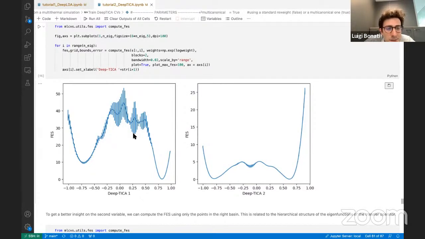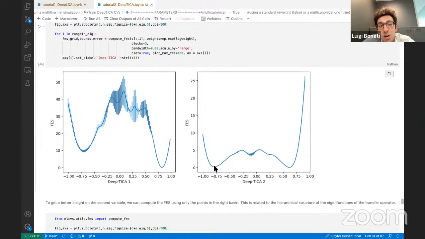Since the transition was driven by the potential energy as a means of performing a multicanonical simulation, we were not sampling many points in the intermediate configurations. Still, roughly we see these two states describe a transition with a barrier of between, I don't know, 30 and 50.